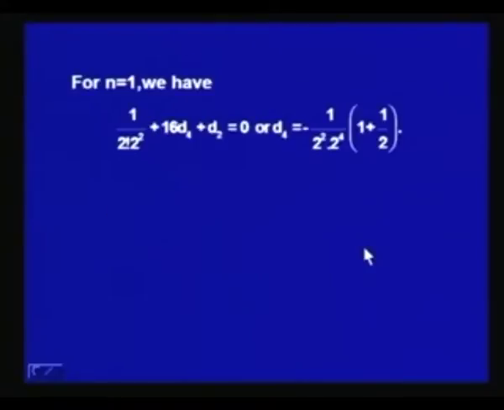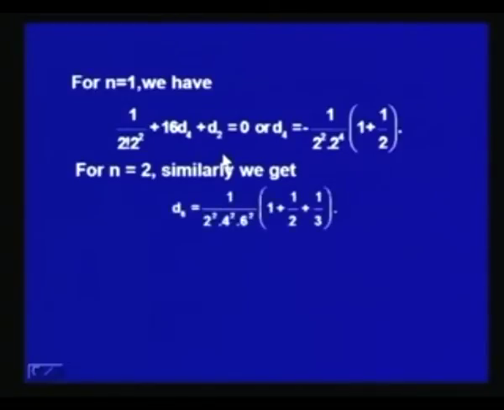So from this equation, for n equal to 1, we shall have 1 over 2 factorial into 2 square plus 16 d4 plus d2 equal to 0, or we will have d4 equal to minus 1 over 2 square into 2 to the power 4 into 1 plus half, making use of the value of d2, that is 1 by 4.